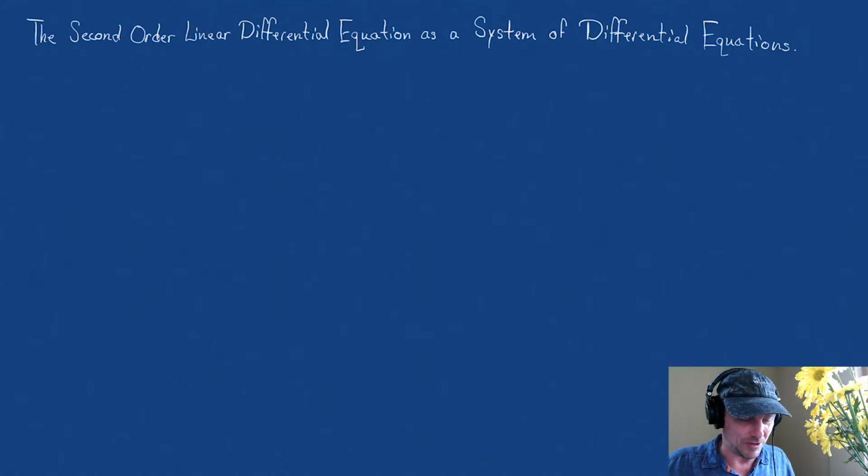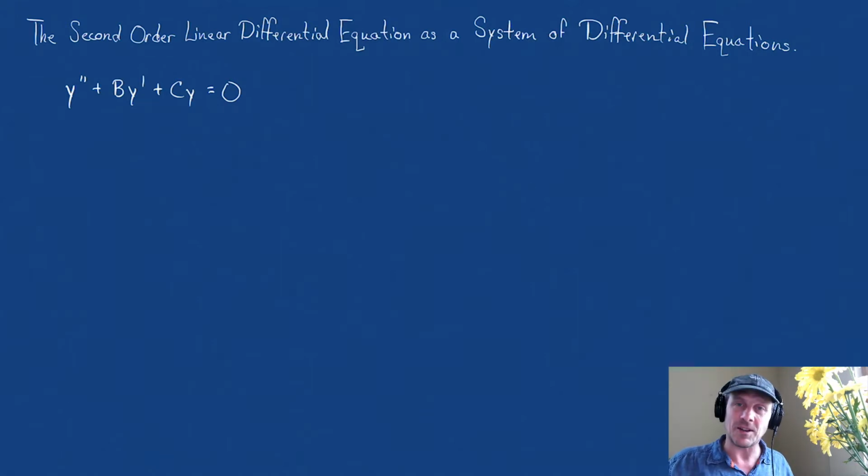Our general second order linear differential equation is of the form y double prime plus b times y prime plus c times y equals 0. And this is our homogeneous or our null solution. And here's what we're going to do.